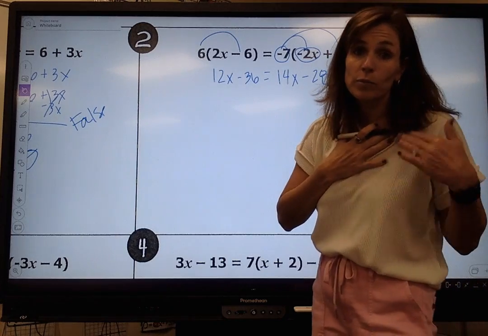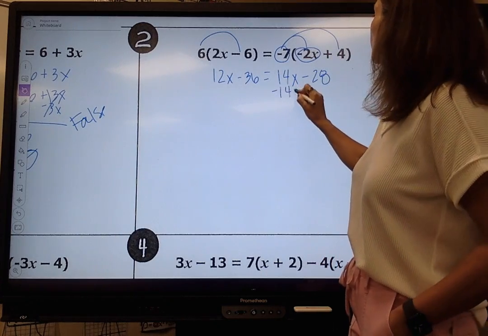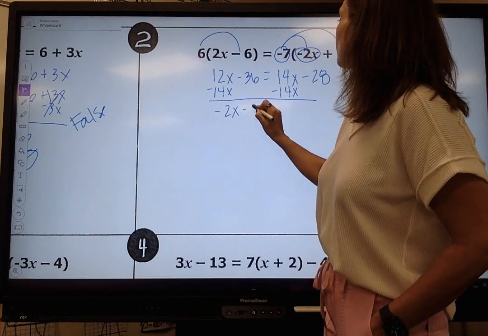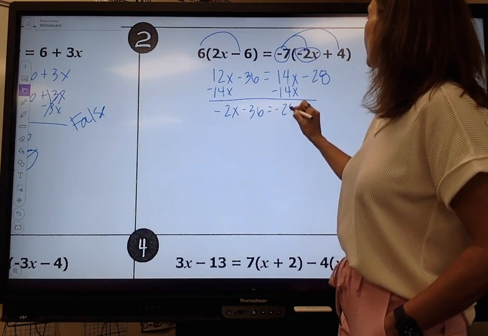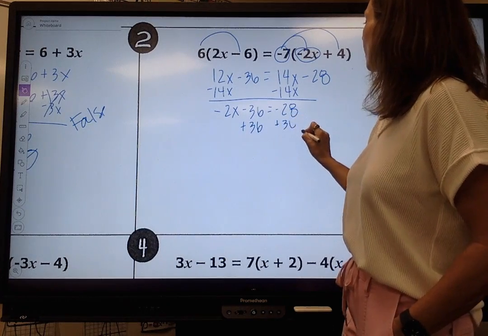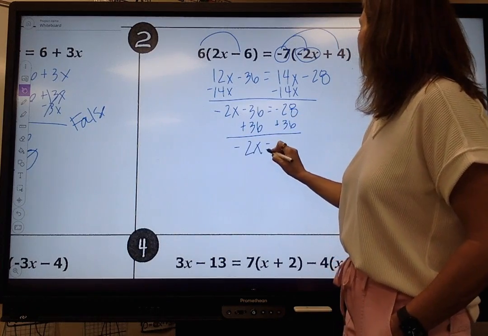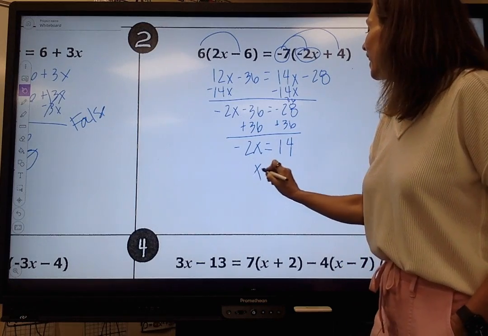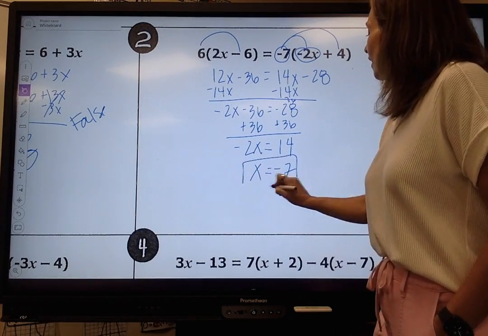I get my variable terms on the left, so I'm going to subtract 14x. And I get negative 2x minus 36 equals negative 28. Constant terms on the right.